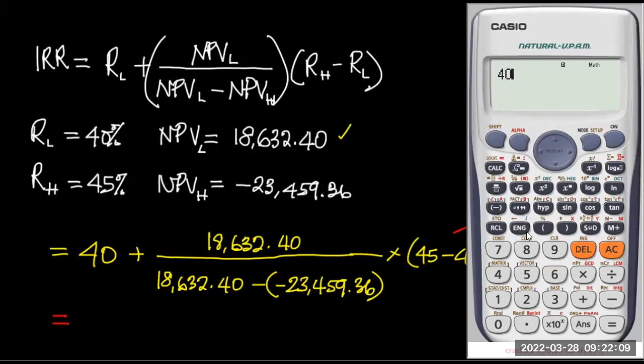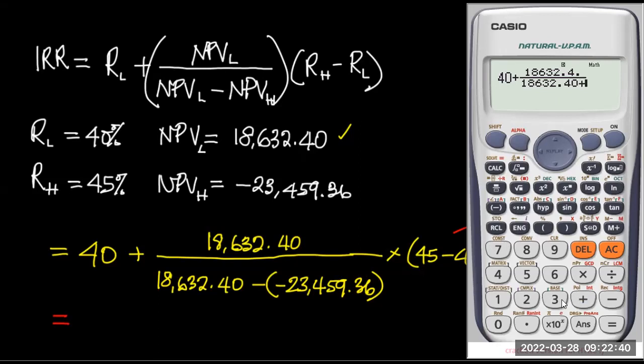So this is 40 plus a fraction. That fraction: I have 18,632.40 divided by 18,632.40.